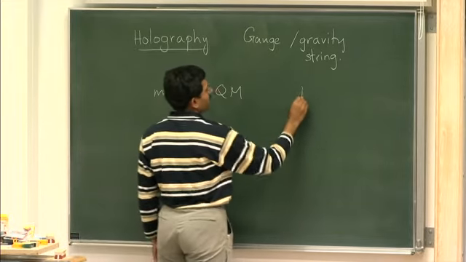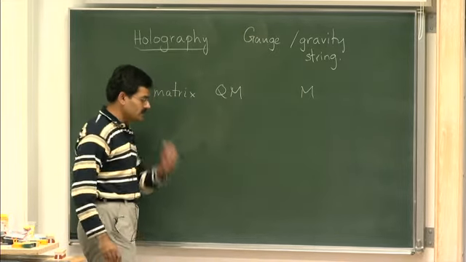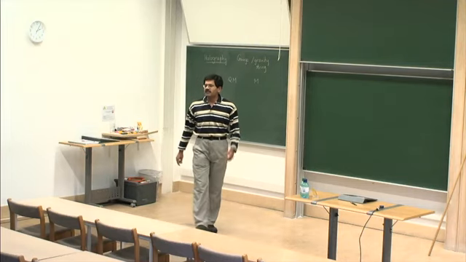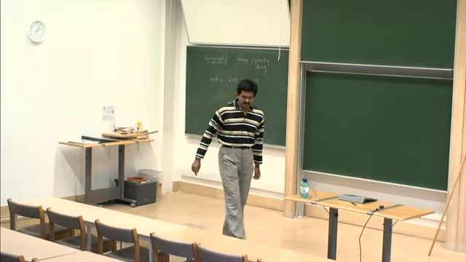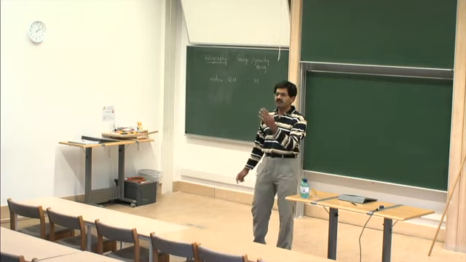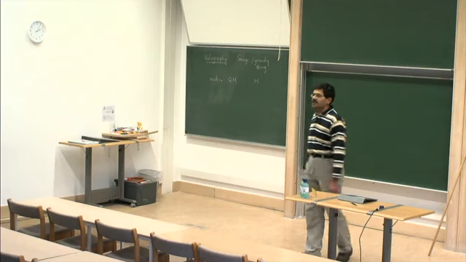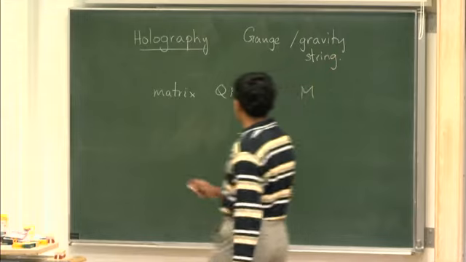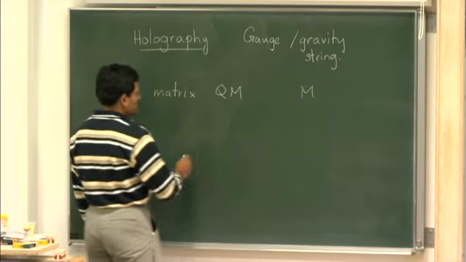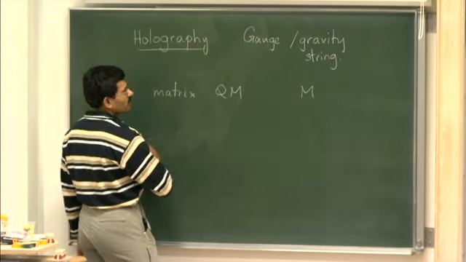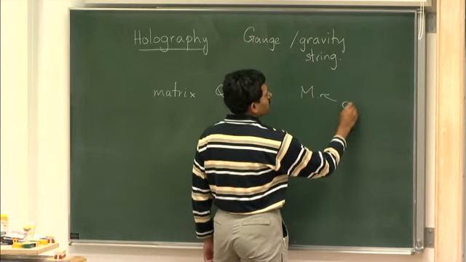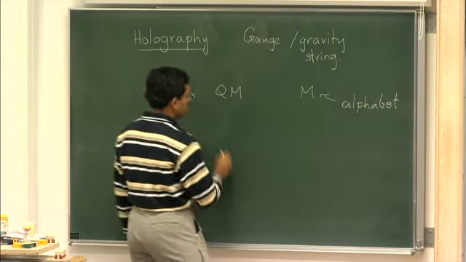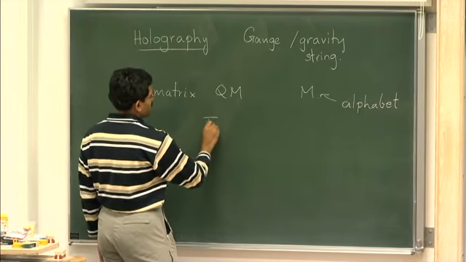I have some matrix M, and we could write down some Hamiltonian for this matrix. But what I want to talk about is not just the matrix itself, but the observables that I can build out of this matrix. This matrix is like a basic alphabet. I can build words from it.